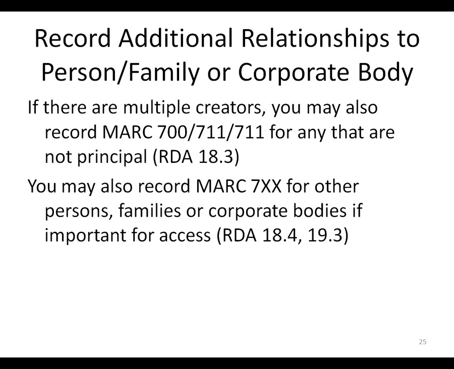We would record these relationships in MARC added entry fields, 7XX fields. Specifically for creators, you may also record additional creators in MARC 7XX fields, and any other persons, families, or corporate bodies that are important for access.